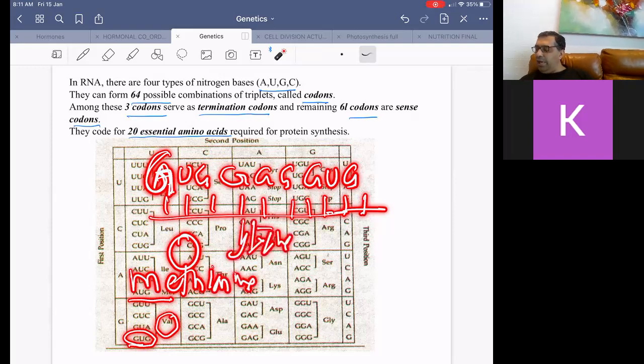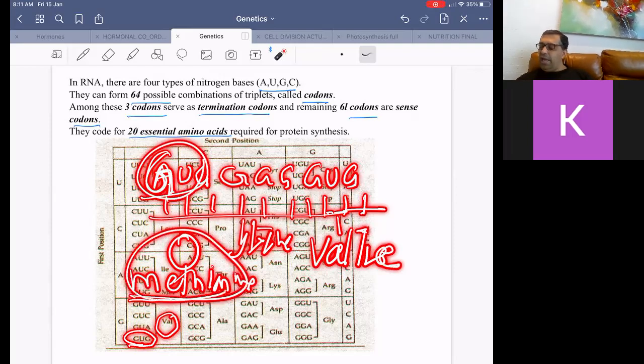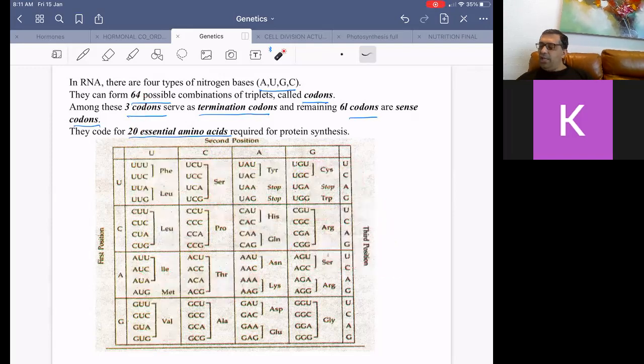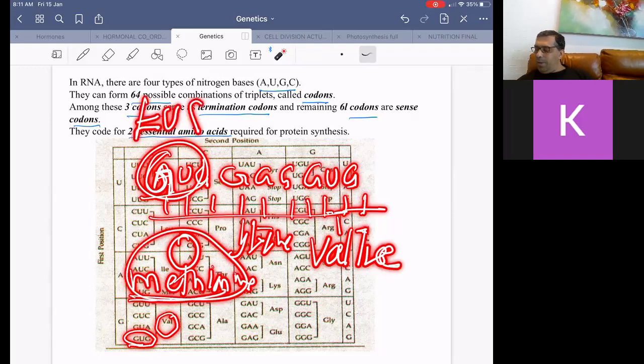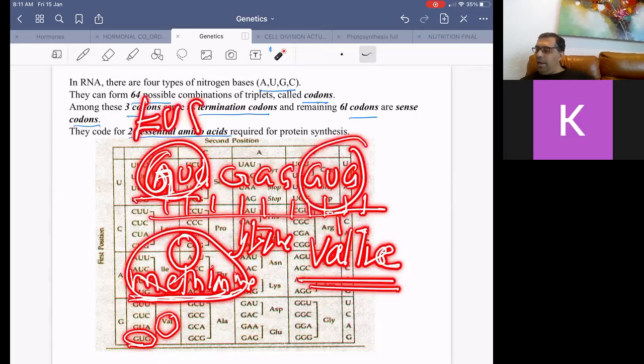And the next GUG will continue to code for its regular amino acid, valine. So what is the first GUG coded for? Methionine. Because the golden rule is, whether AUG or GUG, the first amino acid is always methionine. What will the next GUG code for? Valine.